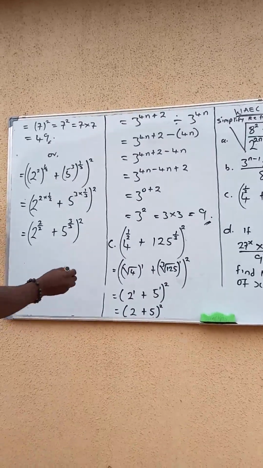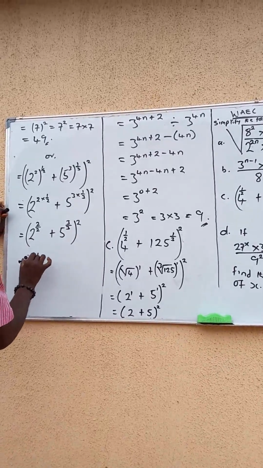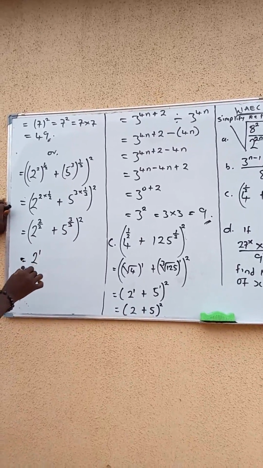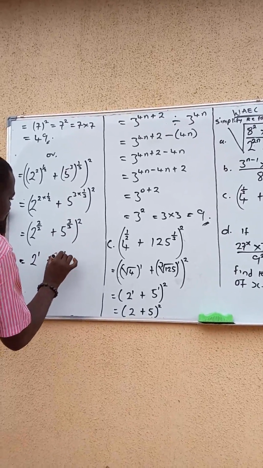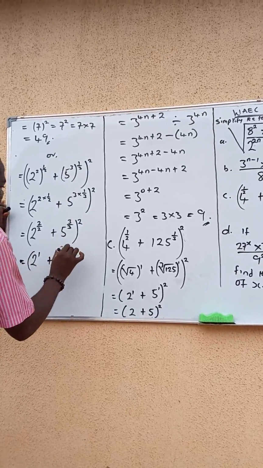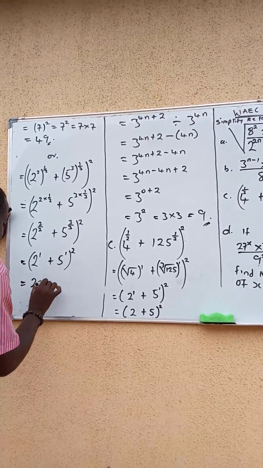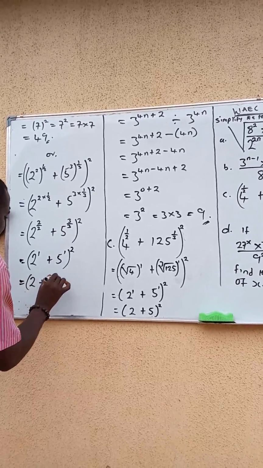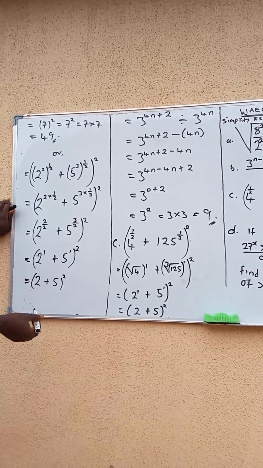Now if you bring it up, this will give me 2 raised to the power of 1, since 2 divided by 2 is 1, plus 5 raised to the power of 1, since 3 over 3 is 1, all raised to the power of 2. Now this is the same thing as 2 plus 5 raised to the power of 2, because 2 raised to the power of 1 is 2 and 5 raised to the power of 1 is 5.